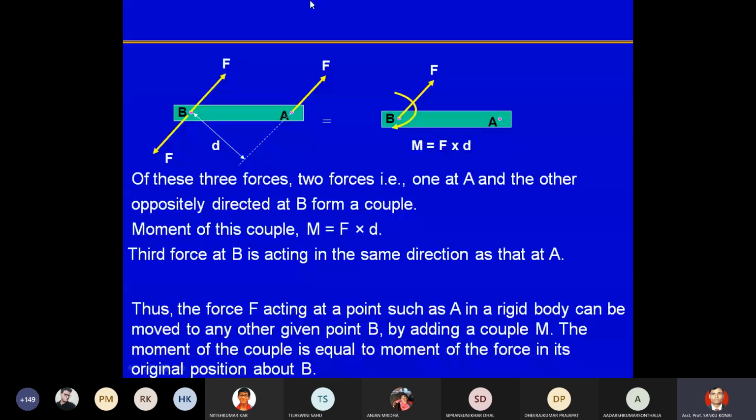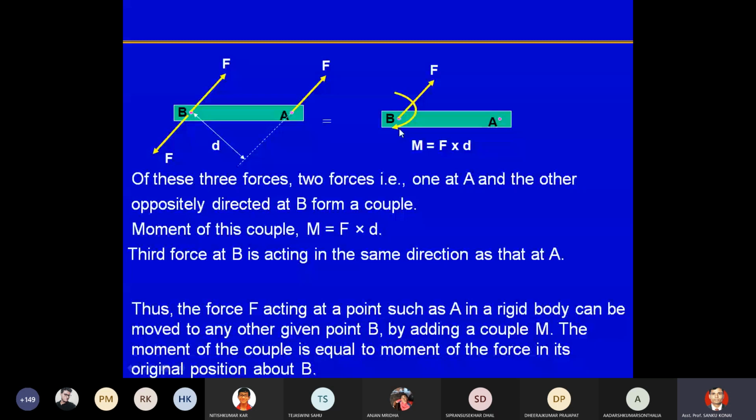So if I replace these two forces with a moment whose value will be F into D, as I discussed, ultimately this will be equivalent to a force and a moment. Initially there was a force at point A. If I want to take that force from point A to point B, what is happening?